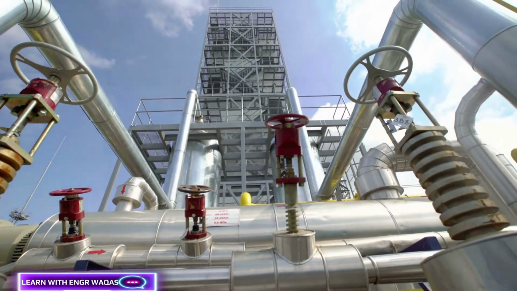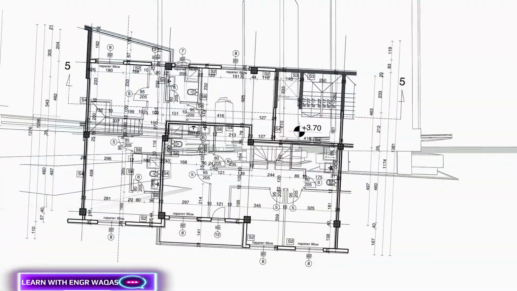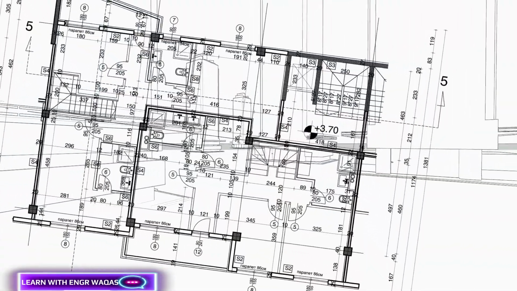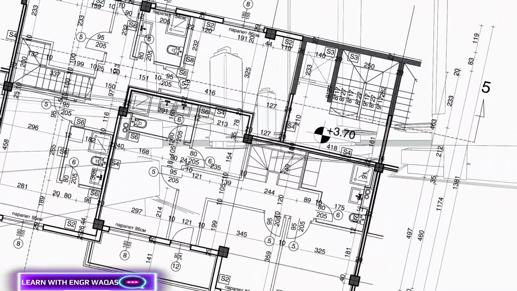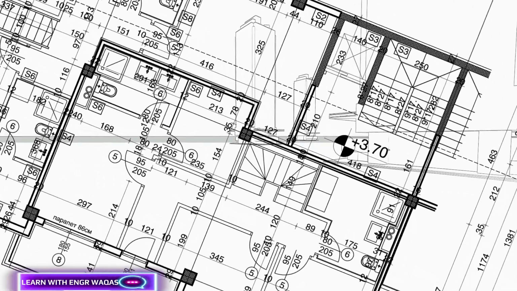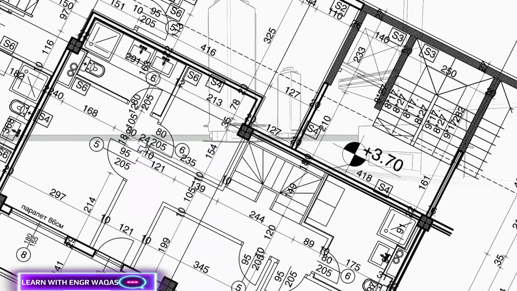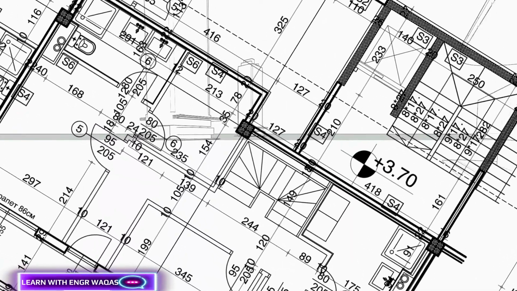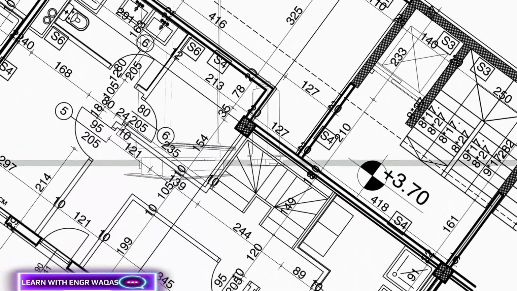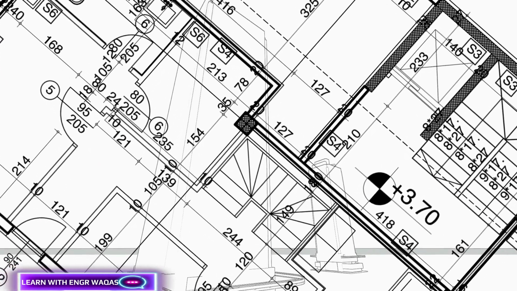And then piping layout and general arrangement drawings, GAD, are also part of this deliverable. These drawings actually illustrate the physical layout of the piping systems, equipment, and other structural elements within the plant. They ensure that the piping is routed efficiently, safely, and within design areas.